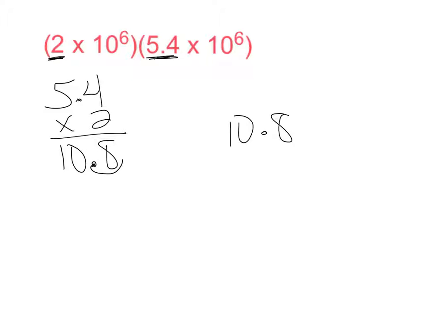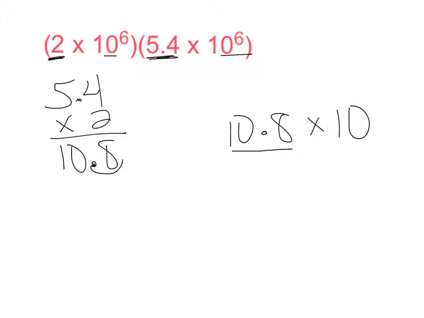But wait, I know you're saying, Miss Griffith, what about this times 10 business? What do we do there? Well, when multiplying numbers in scientific notation, we can keep them written in scientific notation. And we know that scientific notation is always a number times 10 with an exponent.